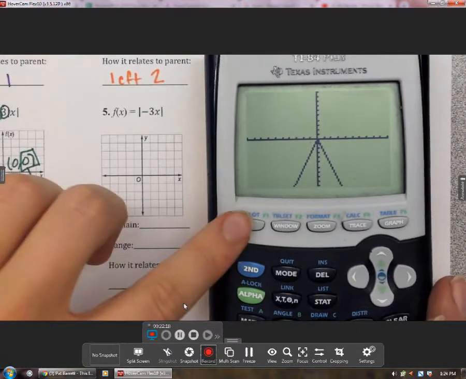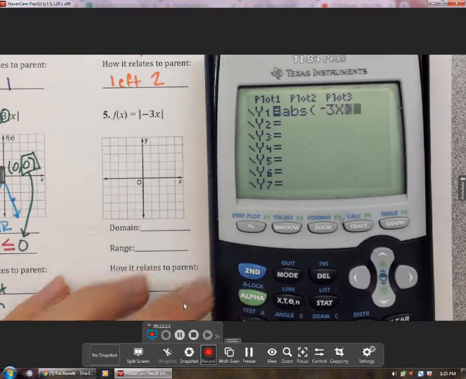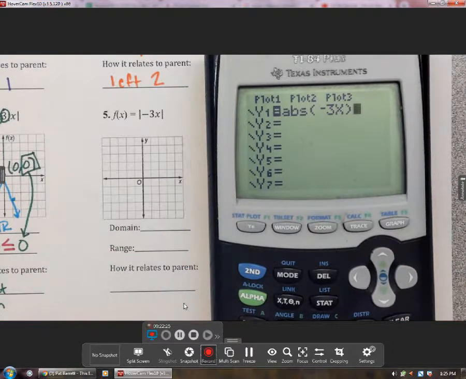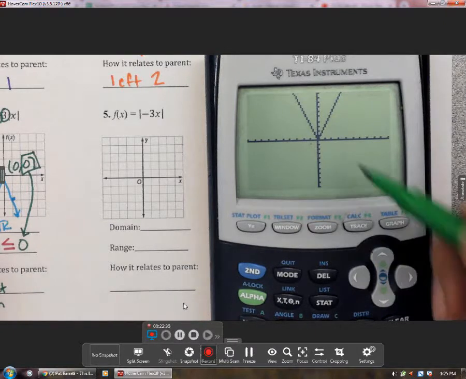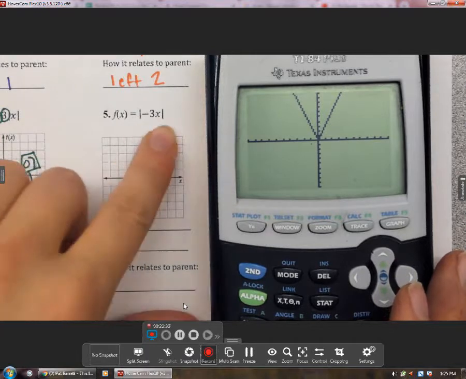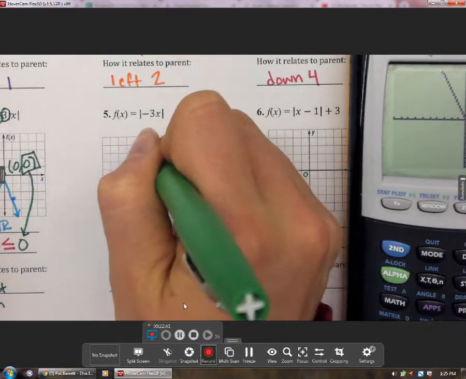Number 5. Ooh, let's see what happens when the -3 is on the inside. Whoa! It's narrower still, but this time it's flipped up because that absolute value bar is going to make our answers positive. 1, 2, 3, 1, 2, 3.